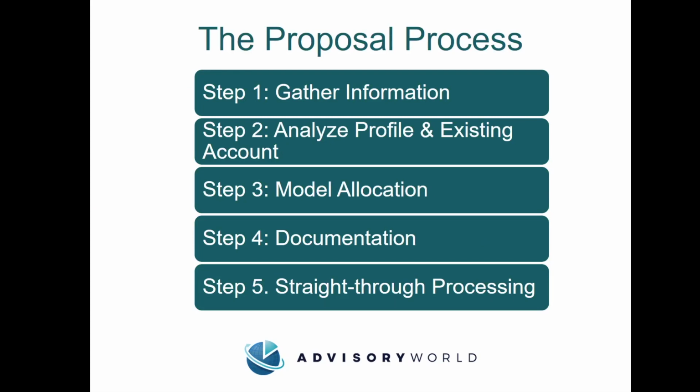Analyzing a risk profile and the prospect or client's existing allocation, because what we want to do is get that risk profile assessed and then see whether or not they're in line with their stated investment objectives, at which point we would compare it versus your model allocation, okay, showing them that what you are recommending is much better suited based on their risk profile.